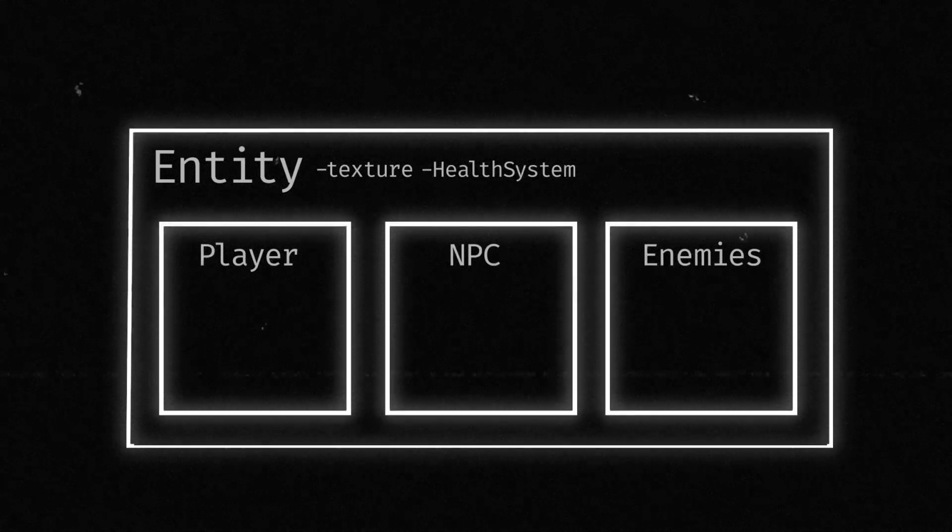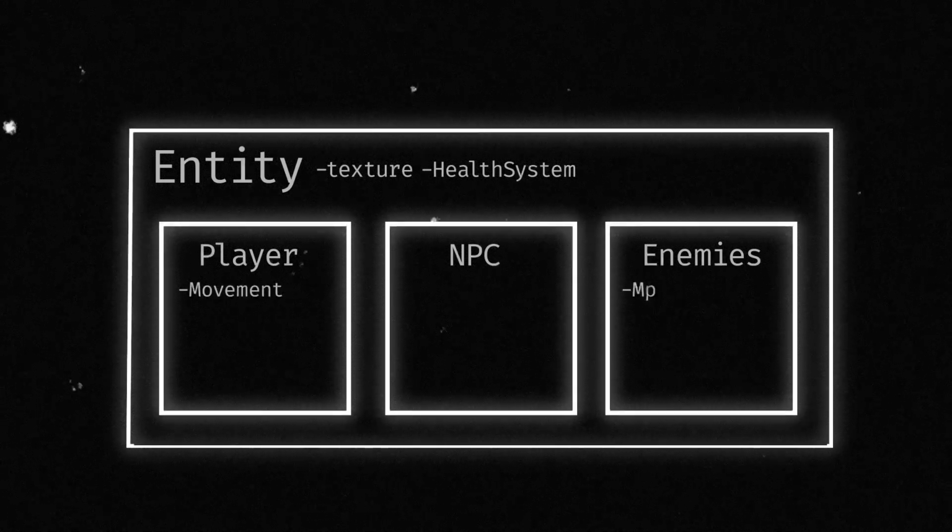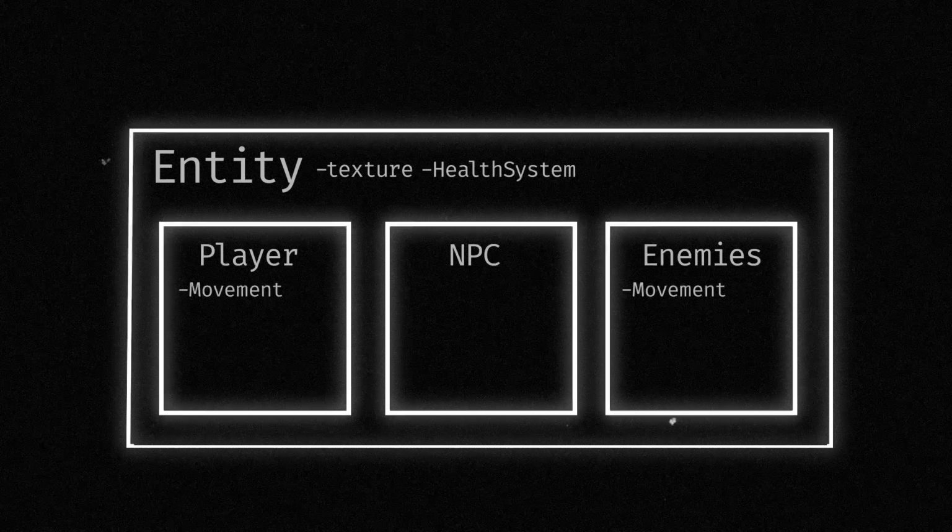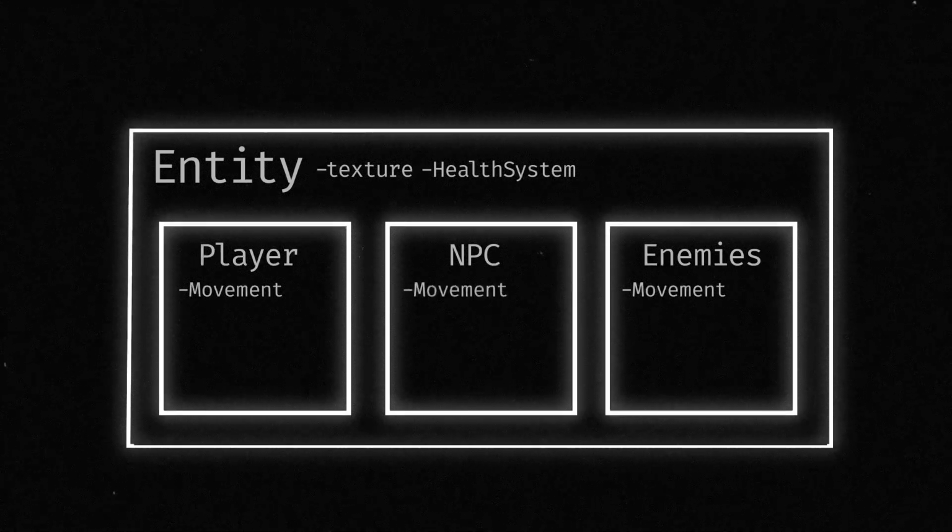Now we could also talk about what are things that will be different among these. Well, maybe player has a movement, and maybe enemies also have a movement, and maybe NPCs have conditional movement as well if, say, some sort of effect were to happen to them, but they're all defined differently.